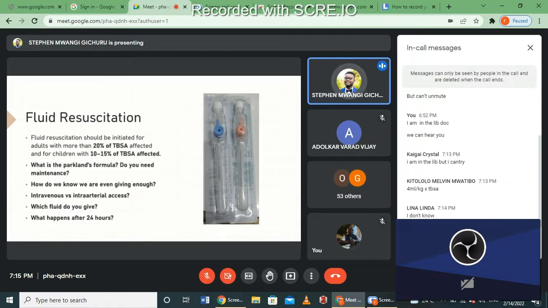There's a way you calculate maintenance fluids for children, and I'm sure you guys know how to do it. You've already passed pediatrics. So how do you know that you're giving enough fluids?